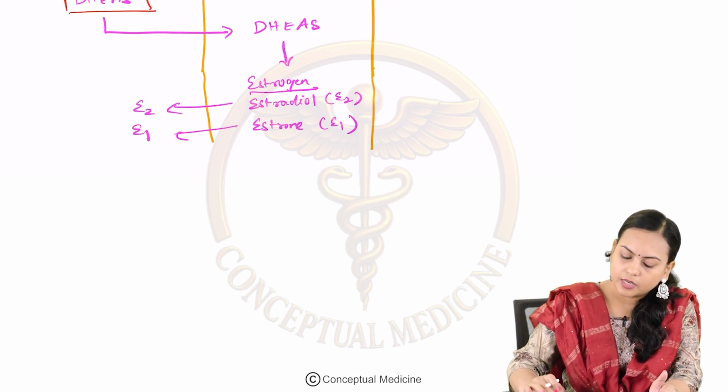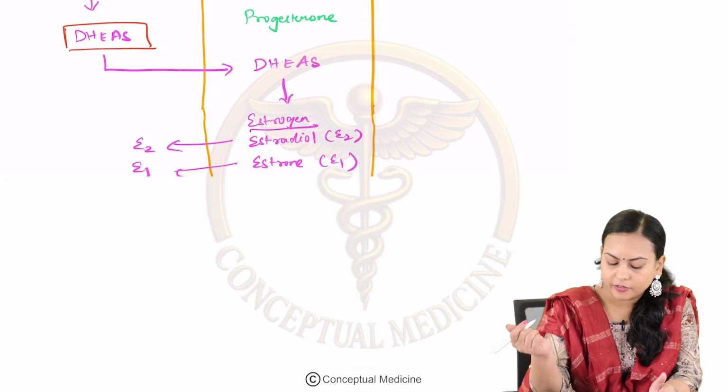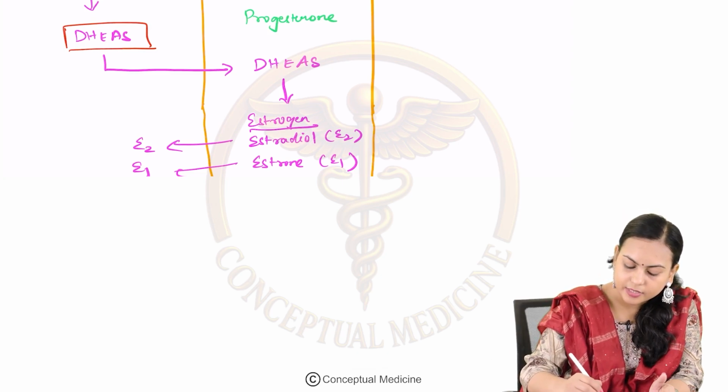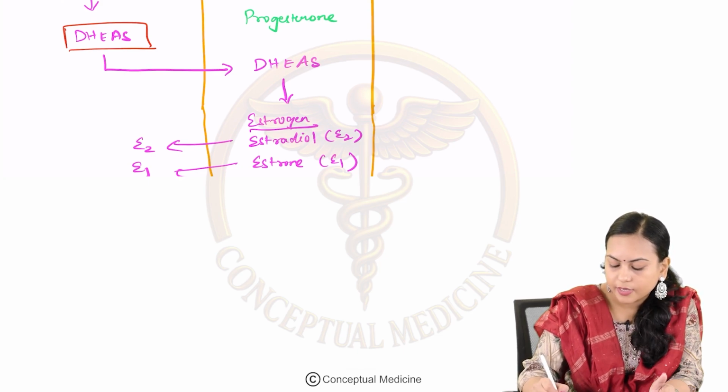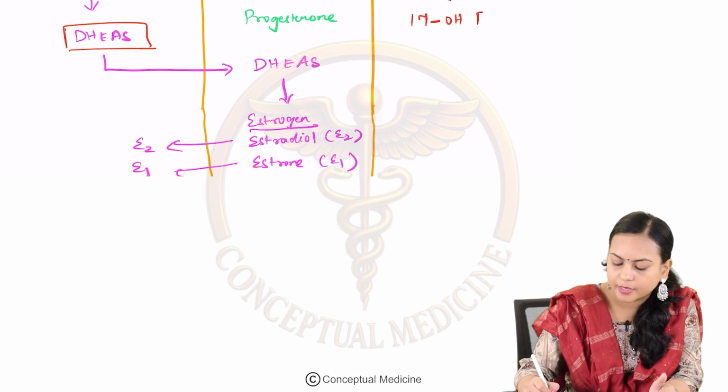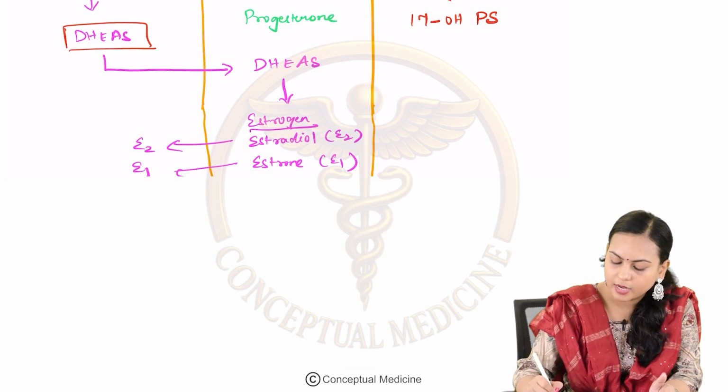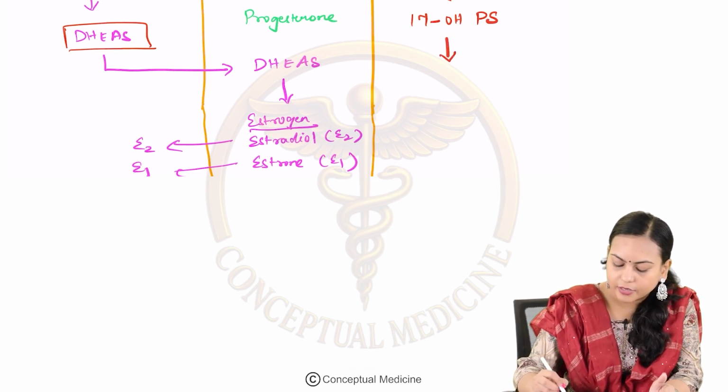Understood? Now the same way, what is going to happen in the fetus? In fetus, the pregnenolone is going to come here, okay, and pregnenolone sulfate is going to be formed. This is converted into 17-hydroxypregnenolone sulfate, okay, and that is converted into dehydroepiandrosterone sulfate. Okay.